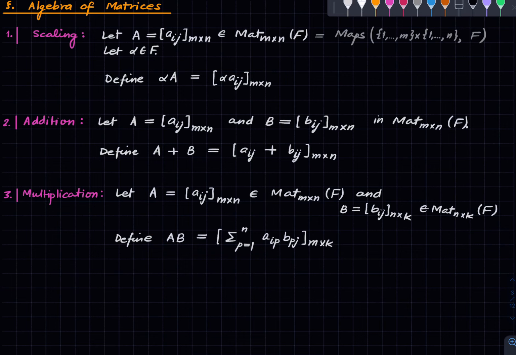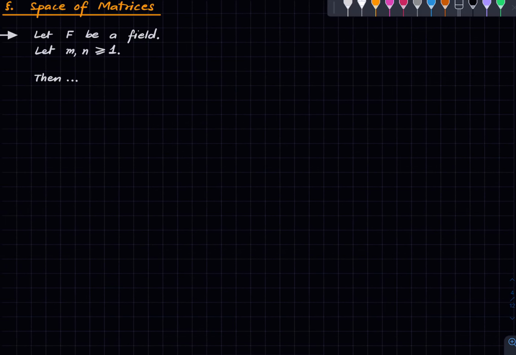But anyway, so we have scaling, we have addition, we have multiplication, these three operations. And now with just the scaling and the addition, we have the following observation, that if we have a field F and we have two positive integers m and n, then this set is a vector space under the addition and the scaling operation.